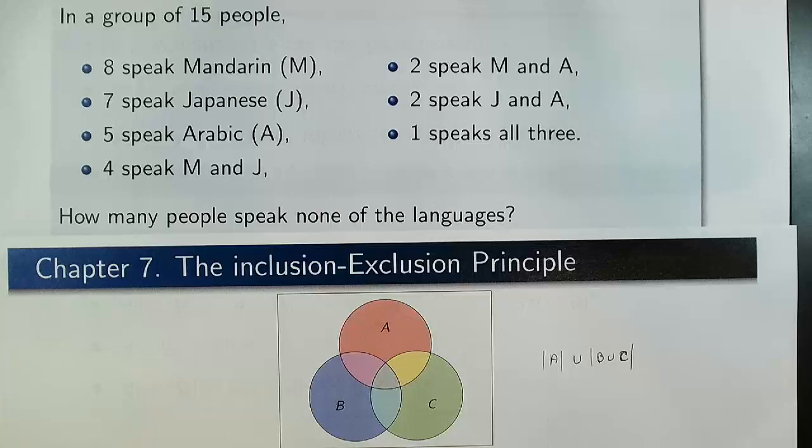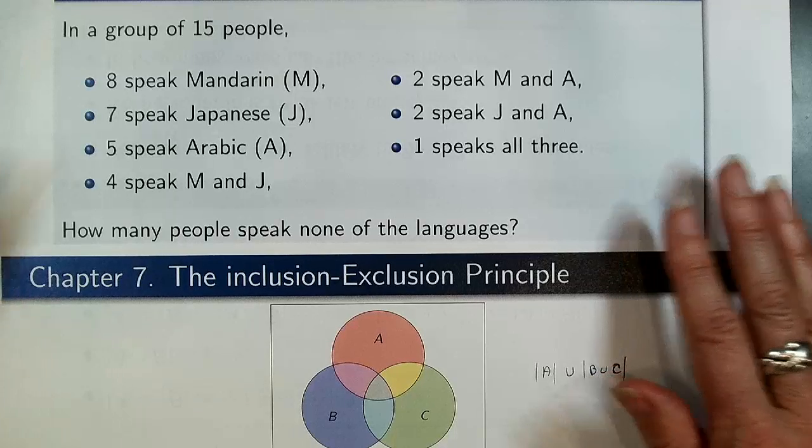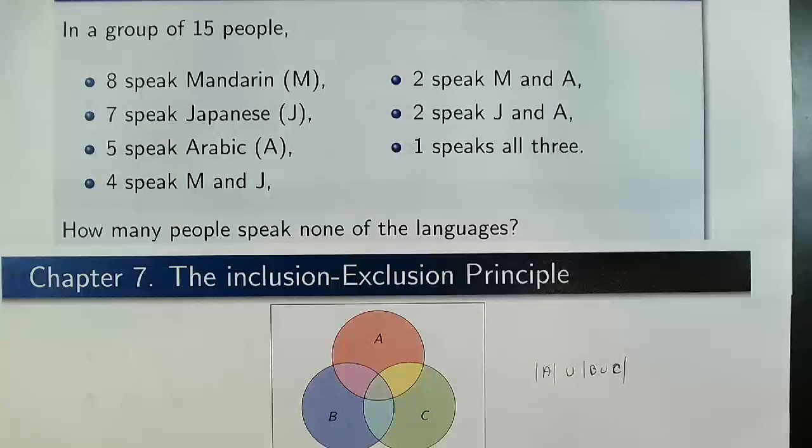So you've got all sorts of possibilities when you've got 3 sets. And you can see that in this example, where you've got only 15 people, but you're looking at the various languages they can speak. A person could speak all 3 languages, or none of the languages, or 2 of them, or 1. There are so many possibilities.